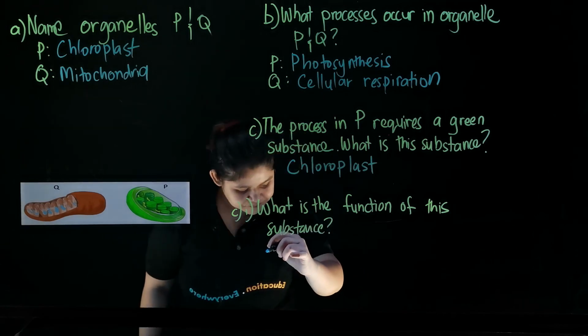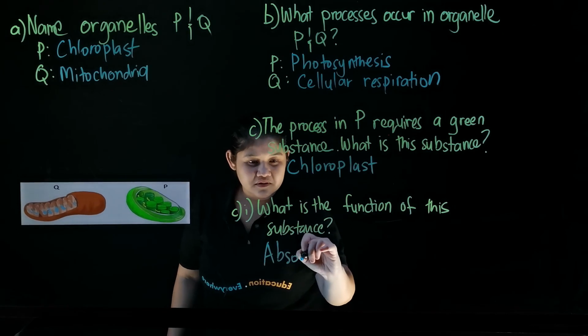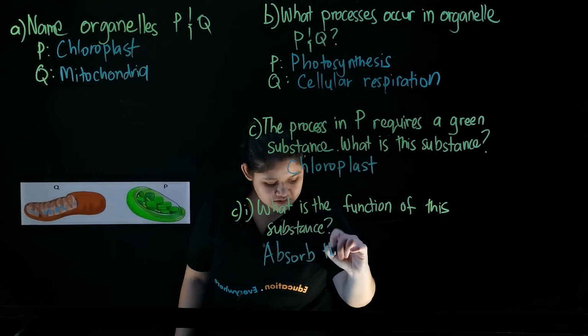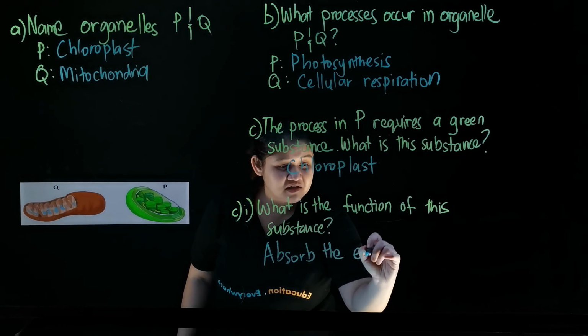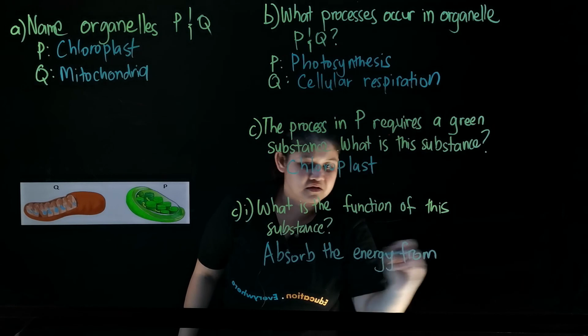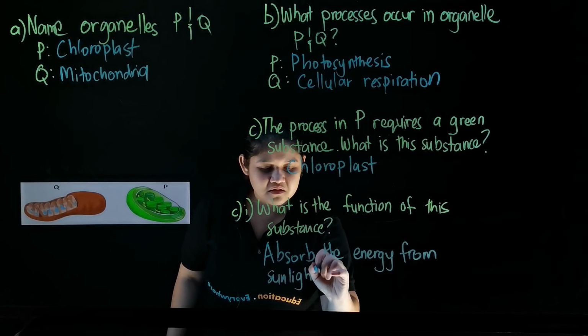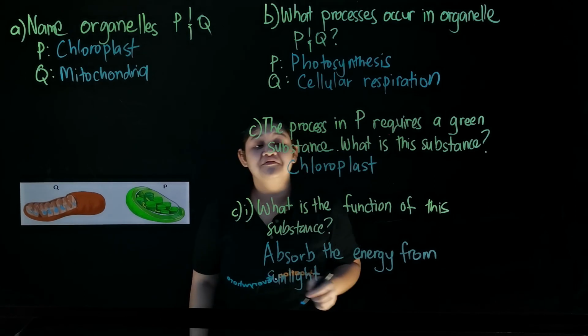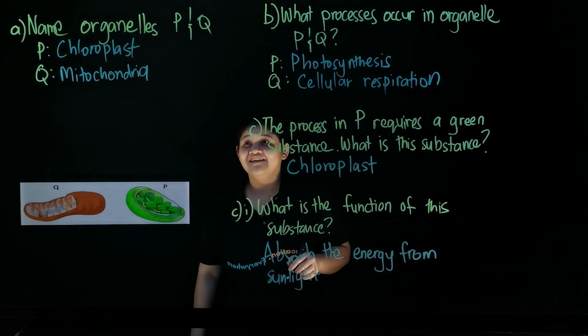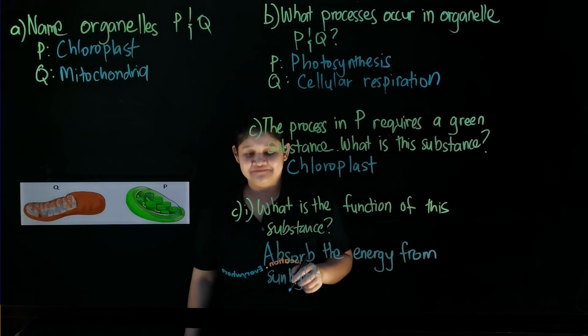Basically, it is to absorb the energy from sunlight in order to make food for the plants. I think that's a wrap for cell structure and function. See you in the next video.